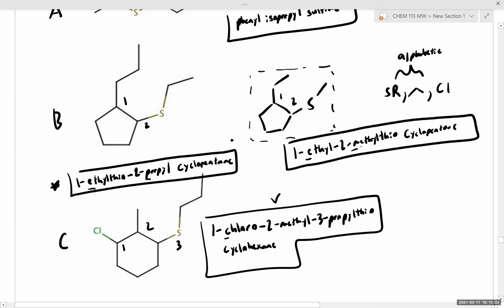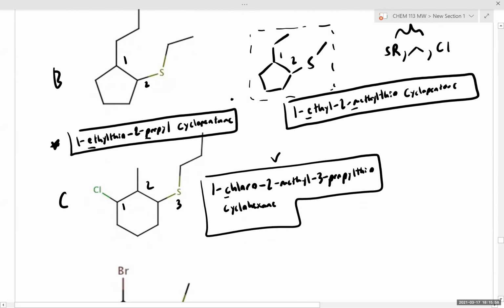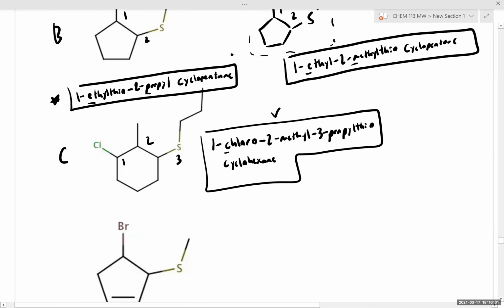Would anyone like to comment, why is ethyl given preference in this case? Because it's first alphabetically. Exactly right. The same reason why chlorine is given preference in this case, because chloro is before propyl.